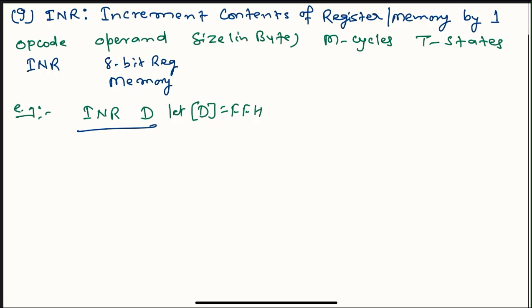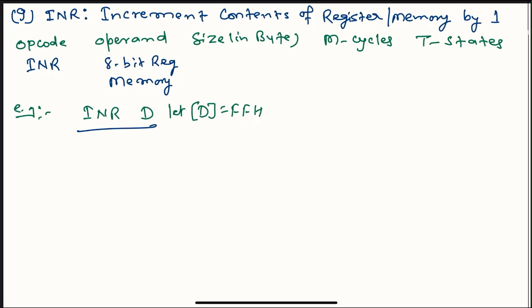So the processor will take the content of D, increment it by 1, and store the result into the same register D.